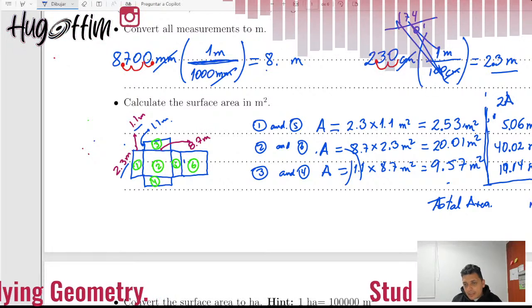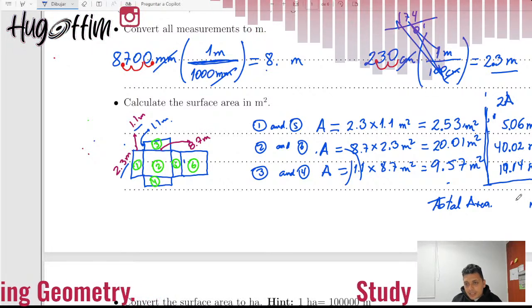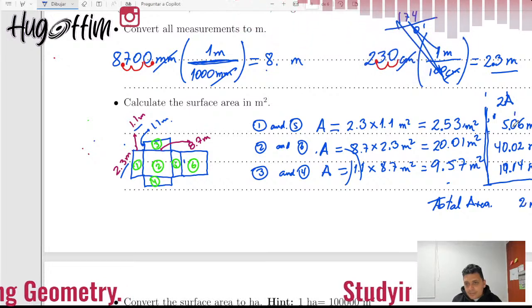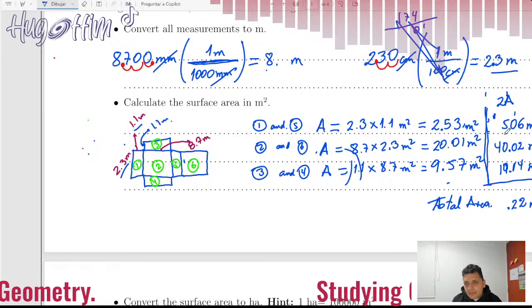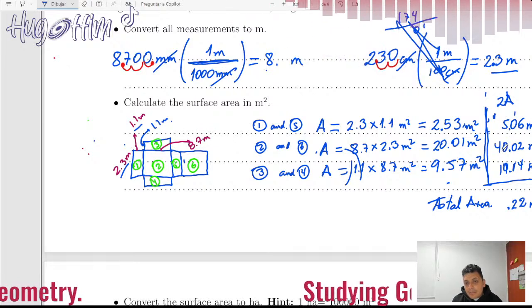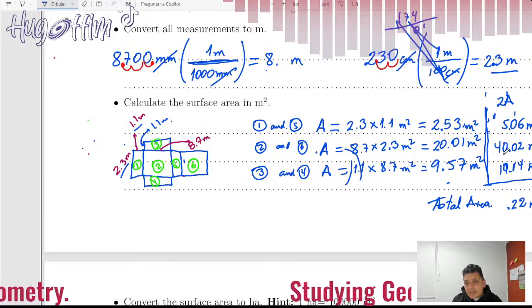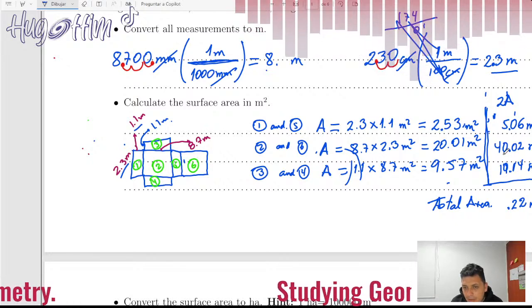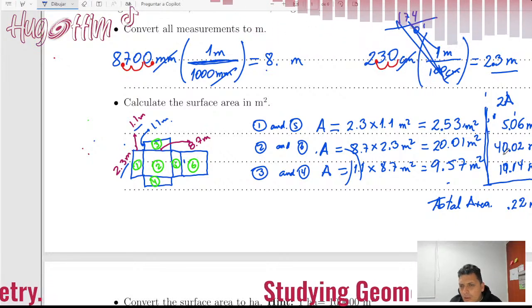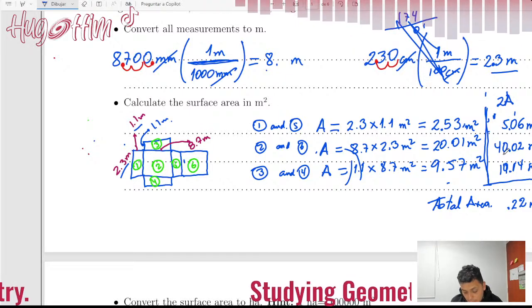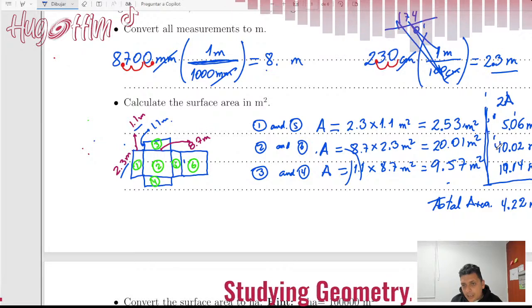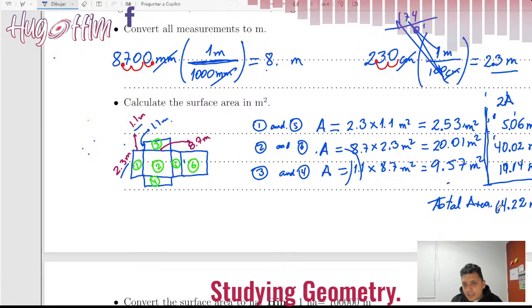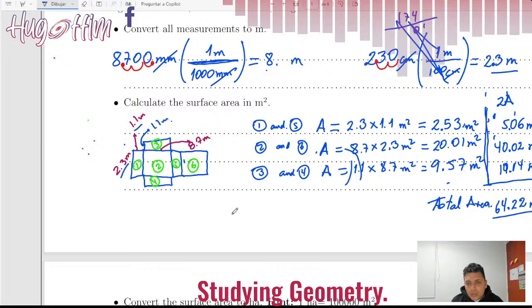And you just need to add these 3 measurements in square meters. So I'm going to get 6 and 4, 10, and 2, 12, 1 and 1, 2, 5 plus 9 is going to be 14, and here 4, 5, and 6. 64.22 square meters.